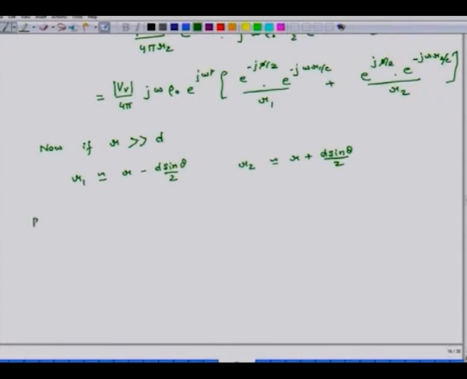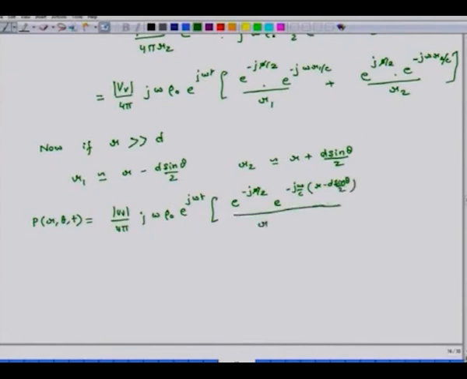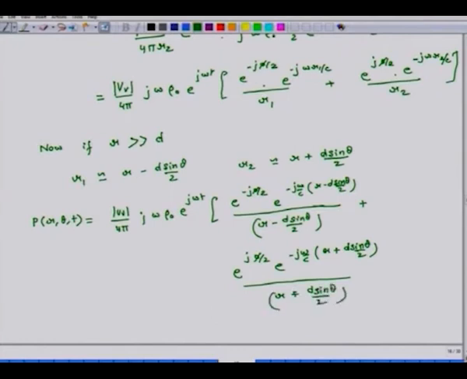From that I get complex pressure, which depends on R, theta and t, as V v over 4 pi j omega rho naught e^(j omega t) times e^(minus j phi over 2) e^(minus j omega over c times (R minus d sin theta over 2)), divided by R minus d sin theta over 2, and then another term, e^(j phi over 2) e^(minus j omega over c times (R plus d sin theta over 2)), divided by R plus d sin theta over 2.